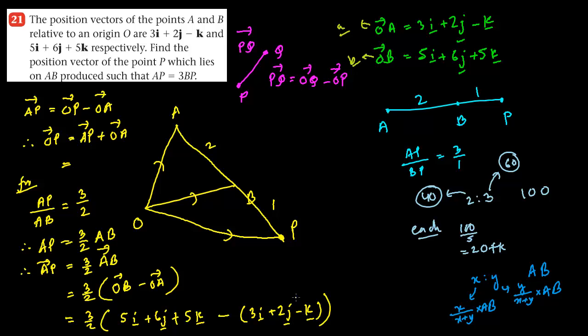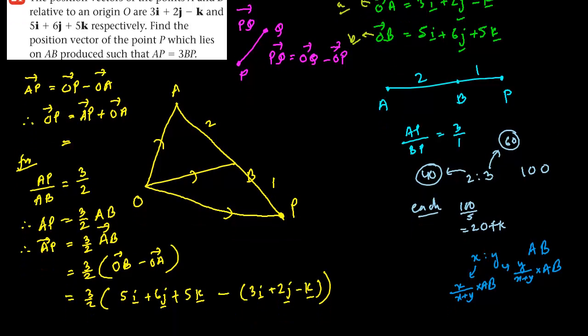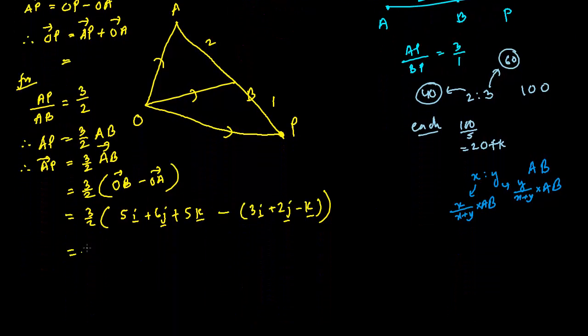This bracket closed. Now if we start simplifying, it turns out to be 3 by 2. 5 minus 3i, if you open the bracket, is going to be 2i, plus 6j minus twice j is going to be 4j, plus 5k minus minus plus k is going to be 6k.